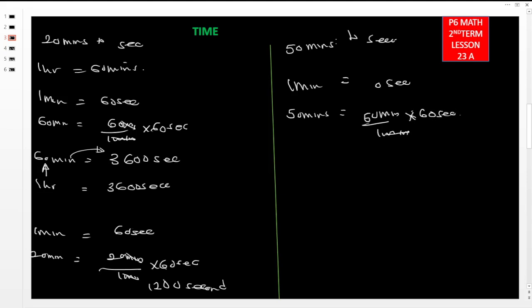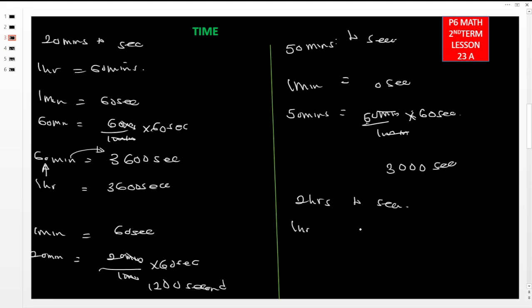So minute with minute, 5 times 6, that is 30. Then add on our 2 zeros, so we come up with 3000 seconds.